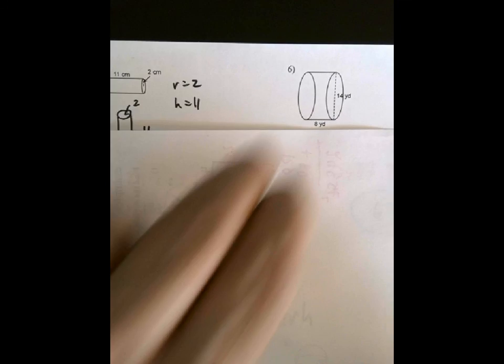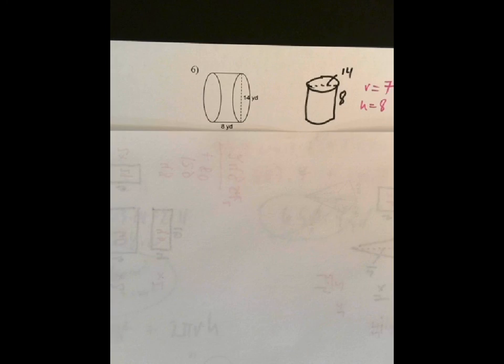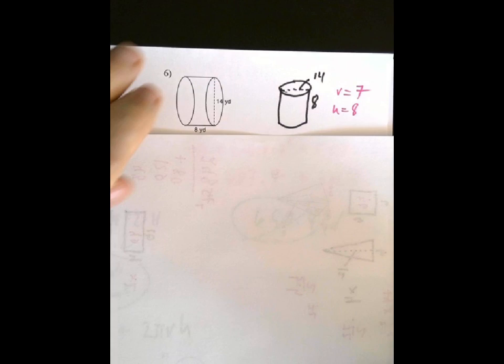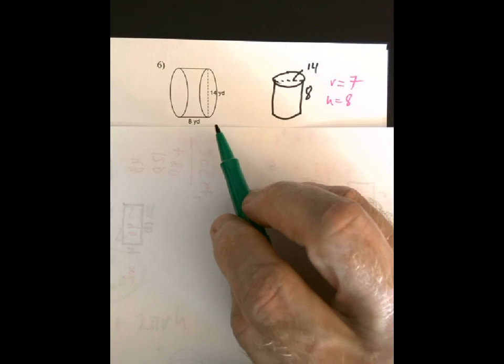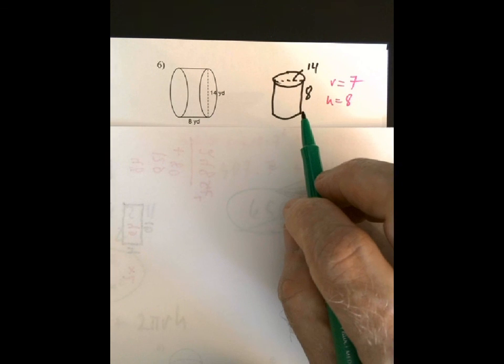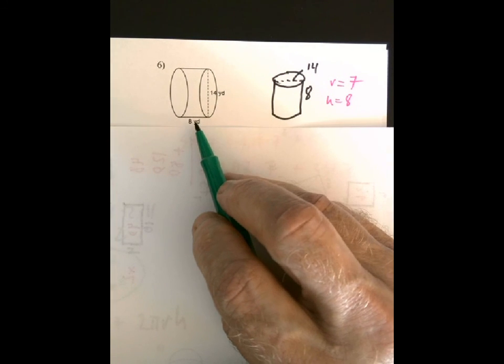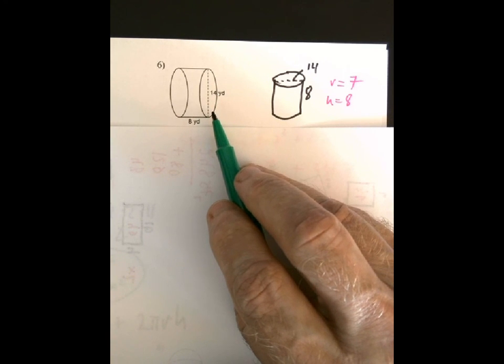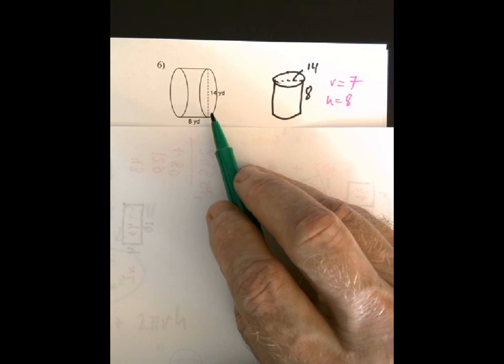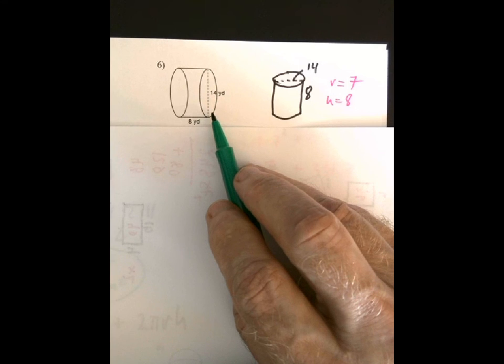Okay, so the second one here, I'm going to hide it for a second because I really want you to try this one on your own. Here, this lazy thing is lying on its side again. If you draw it in its upright position, the height is 8, and they tell us that the diameter is 14. All of these formulas only use the radius, right?